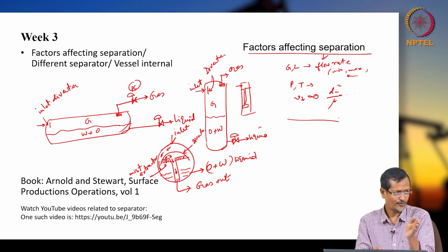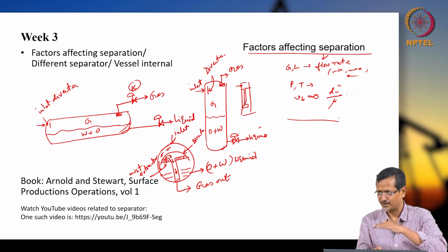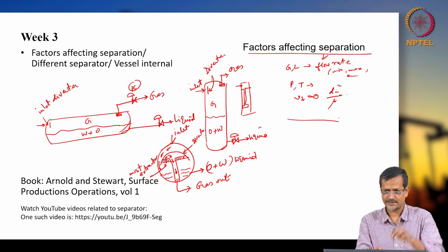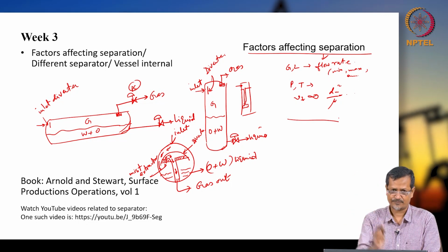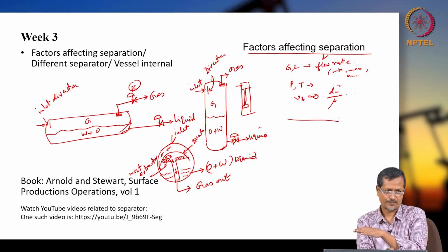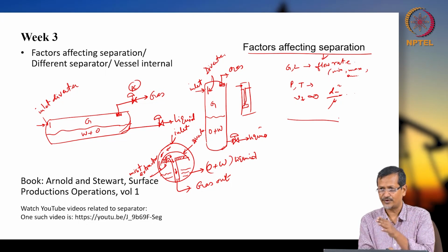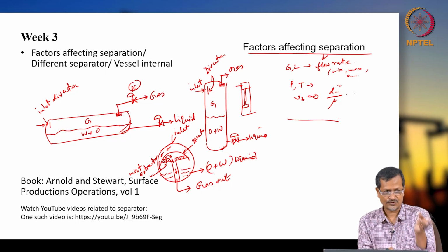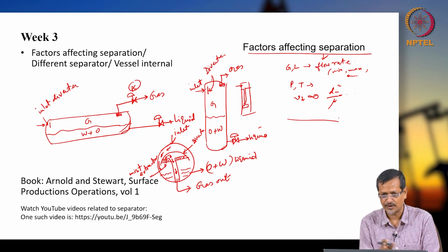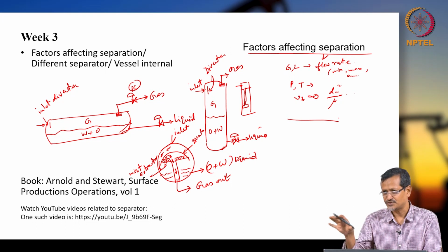That will affect your whole separation performance, because something will clog your small holes. The mist extractor may get clogged by paraffin, sand may deposit at the bottom, or the erosion rate may be higher. And if you have sand and corrosive fluid, erosion corrosion can occur together, which will hamper your whole production system.